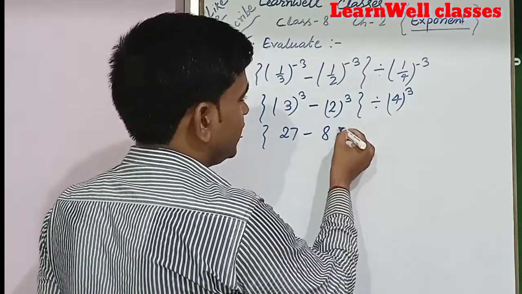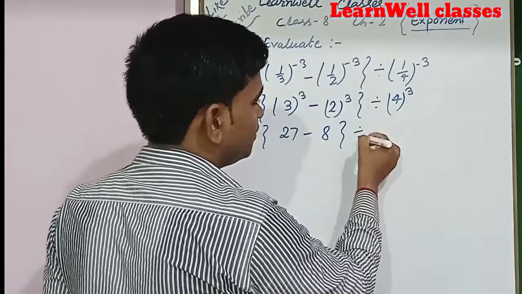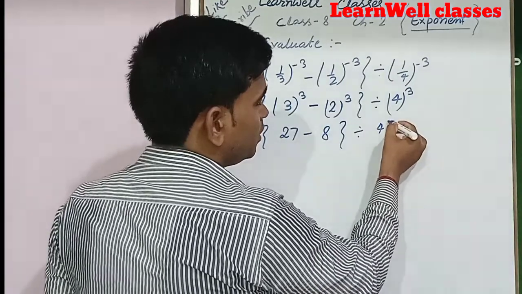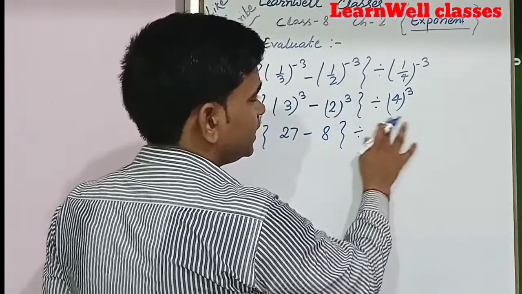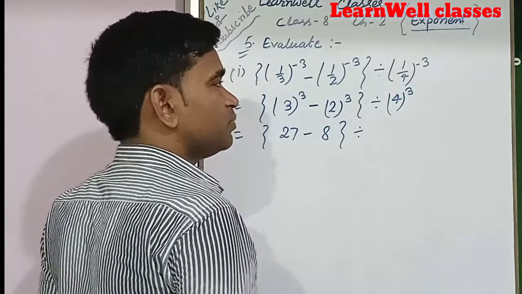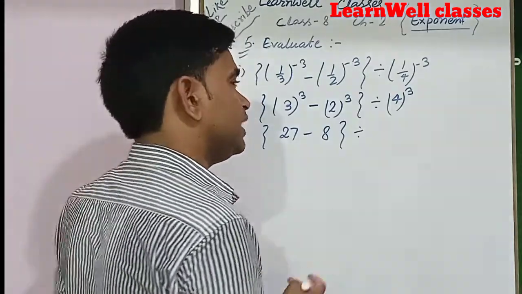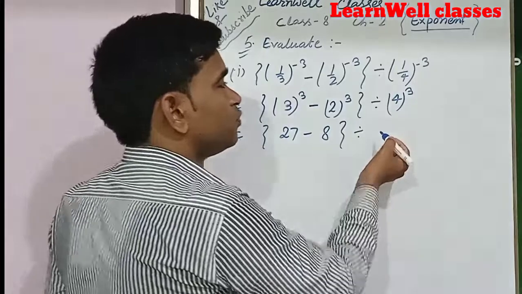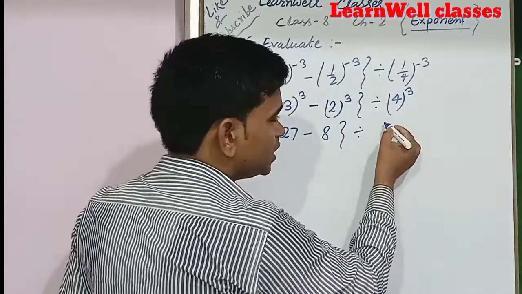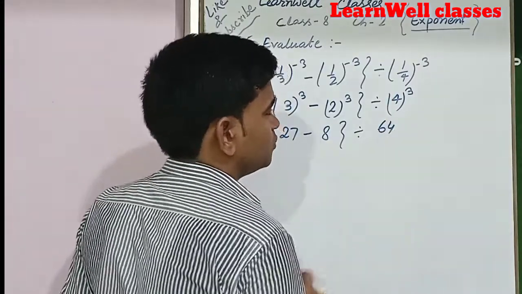We write down 8 and divide 4 raised to the power 3. It means 4 is multiplied by itself 3 times. 4 4s are 16, 16 4s are 64.